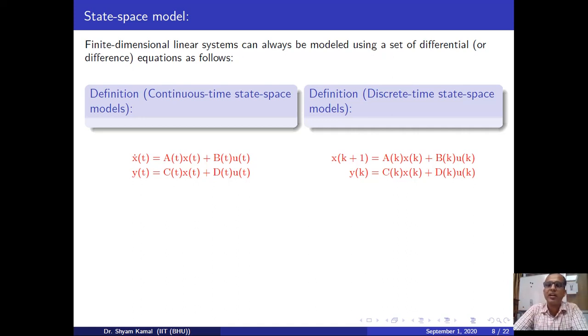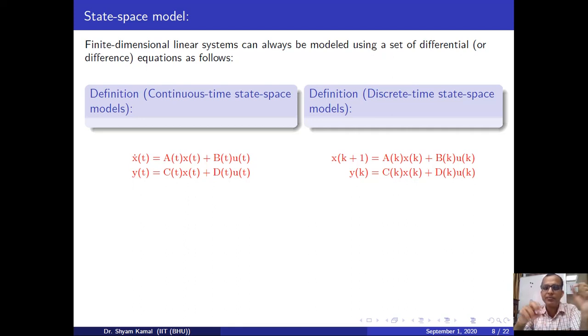Similarly, if you have a third order system, then you require three independent variables to predict the output of the system, so I am in a three-dimensional space. Like that we define the space, which is related to how many independent pieces of information are required to know the future. We represent this using a differential equation.